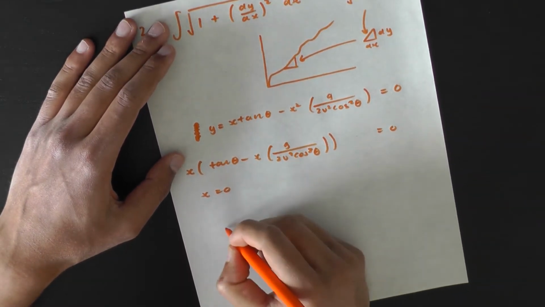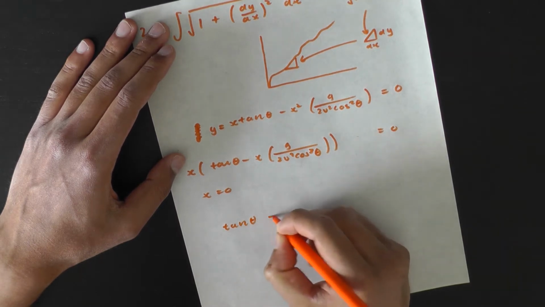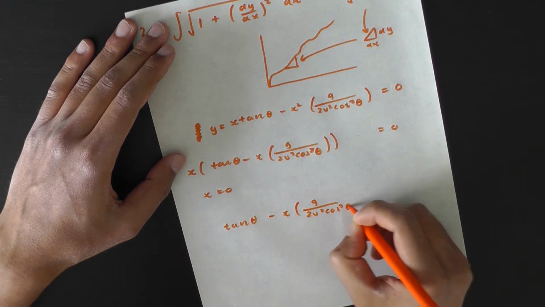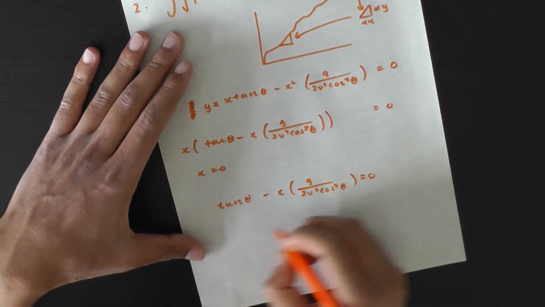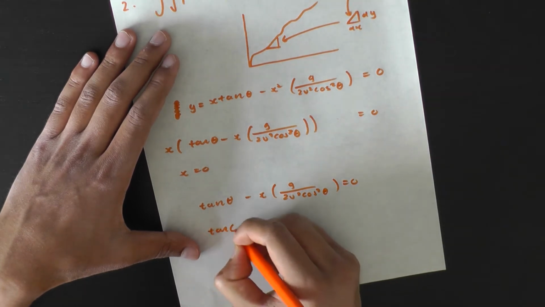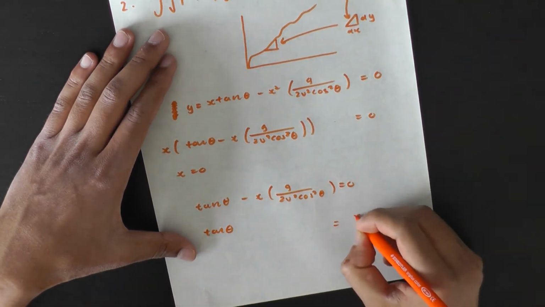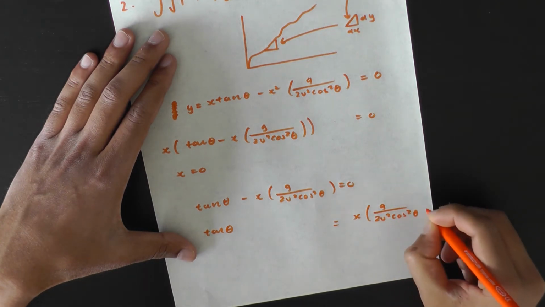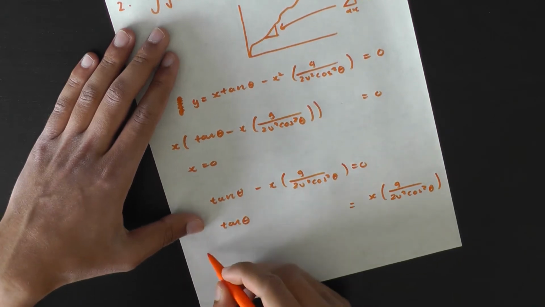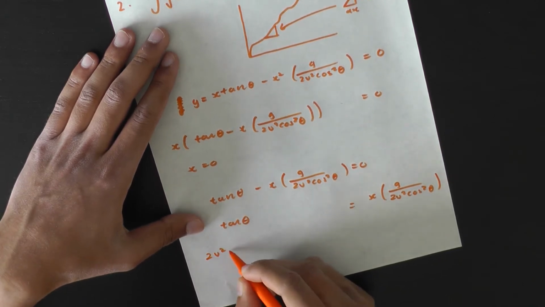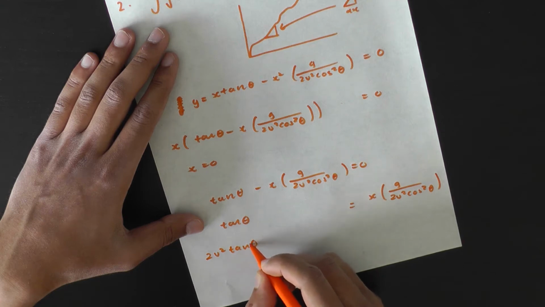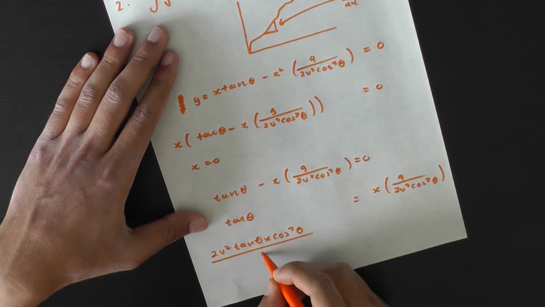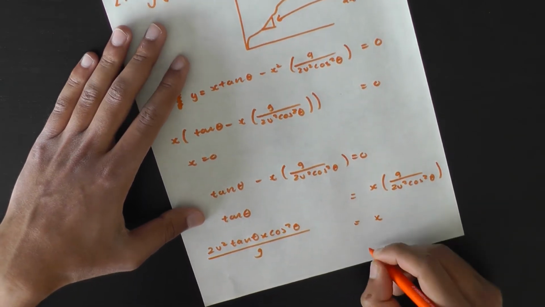And then we also have tan theta minus x g over 2v squared cos squared theta equals 0. That means tan theta equals that, so x equals 2v squared tan theta times cos squared theta over g.